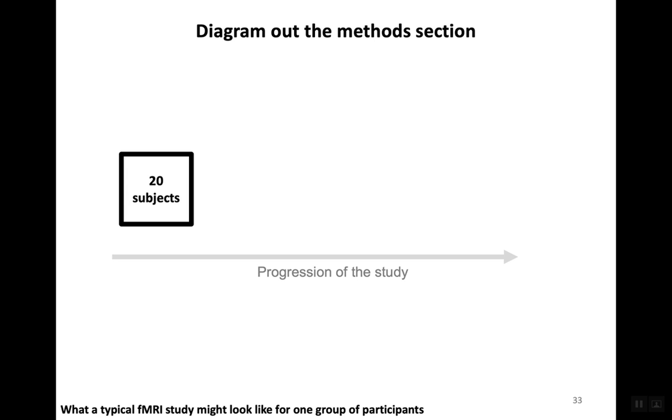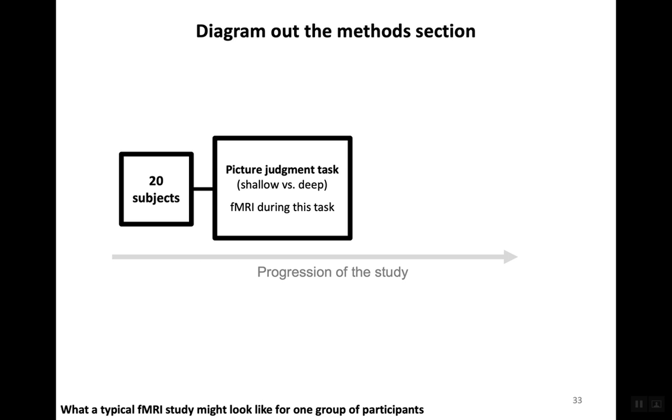So let's say we're looking at a typical fMRI study that involves about 20 healthy adult subjects, and then in the first part of the study, participants performed a picture judgment task that was also coupled with fMRI data collection. And let's say that participants were involved in two different tasks, one that involved shallow processing and the other one deep processing of the meaning of a picture.